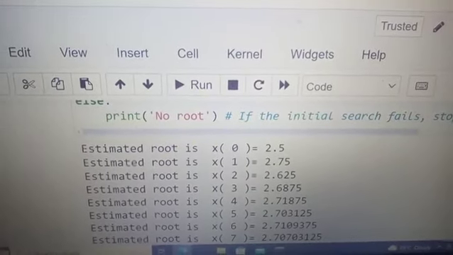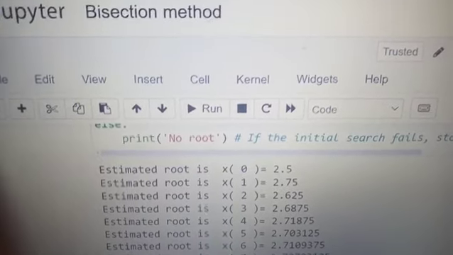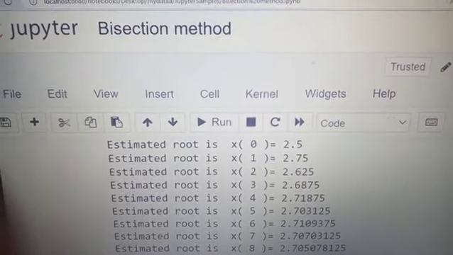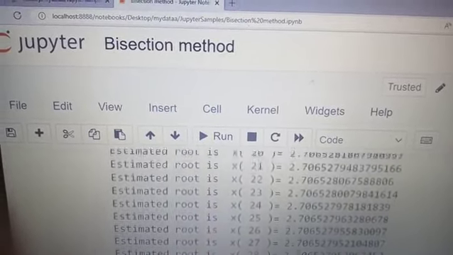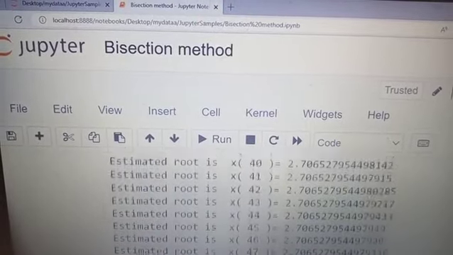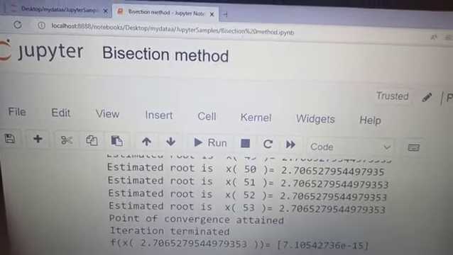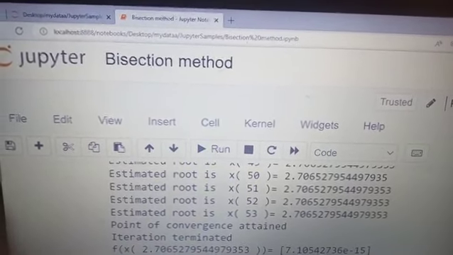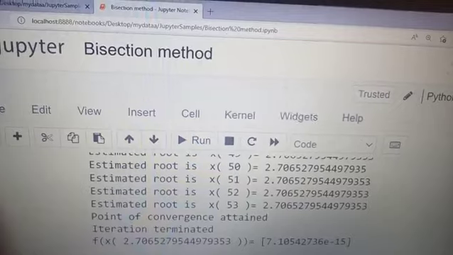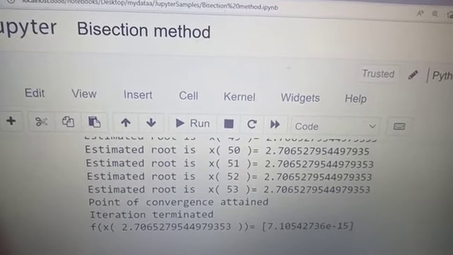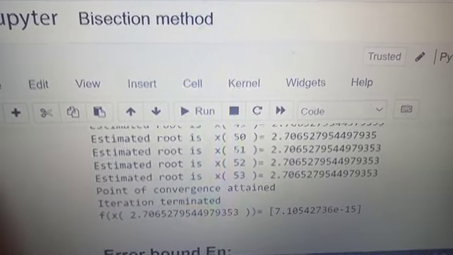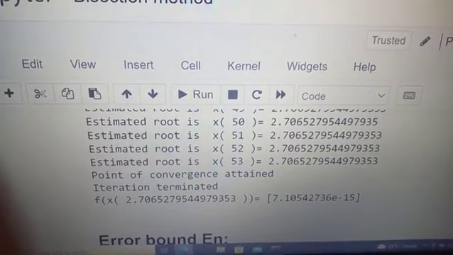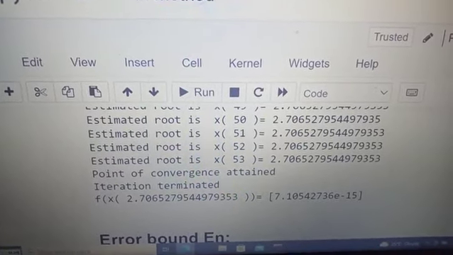And at the end, we got some solutions. The first estimate of the root x0 is 2.5. The second estimate is 2.75. Continuing, we expected 200 iterations, but this could not hold, because at i equal to 51, 52 and 53, the estimate remained the same, and according to the imposed condition, we now see that the convergence has been attained and the iteration terminated.